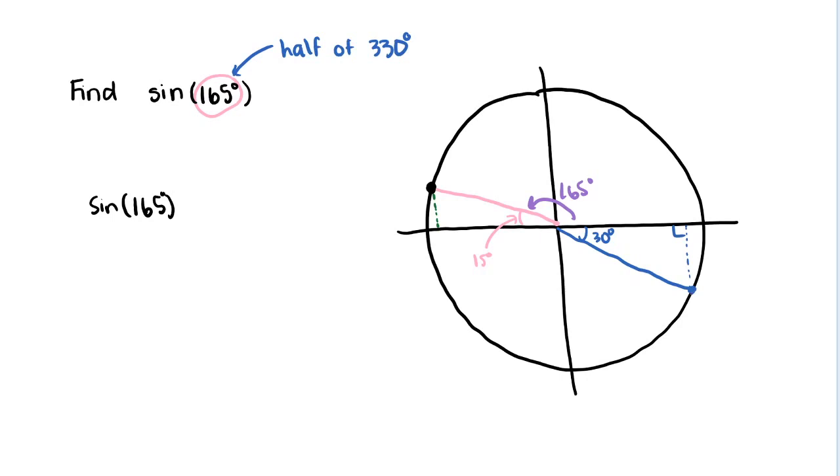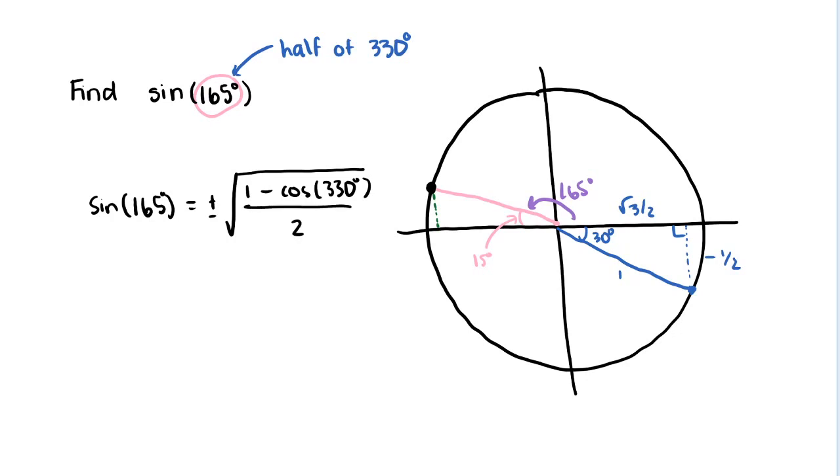This is one of our very familiar angles, where this is a y-coordinate of -1/2, an x-coordinate of the square root of 3 over 2. And so if I want to use our half-angle identity here, I can rewrite this as plus or minus the square root of 1 minus cosine of twice that angle, cosine of 330 degrees, all over 2.